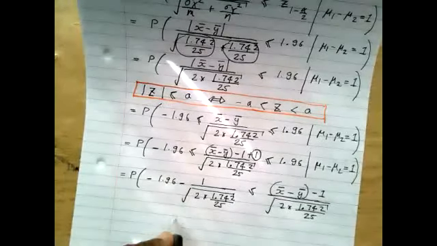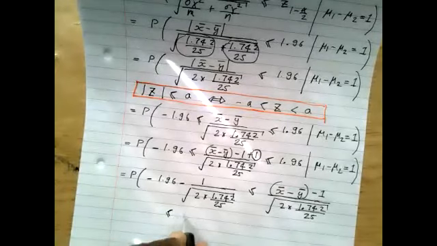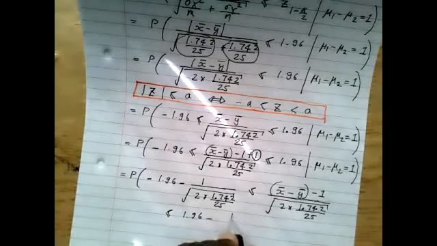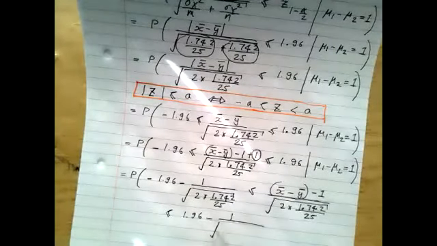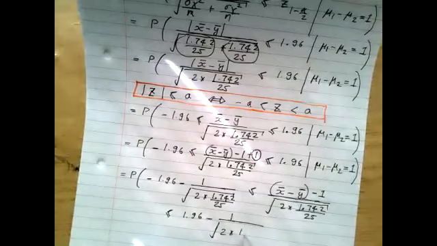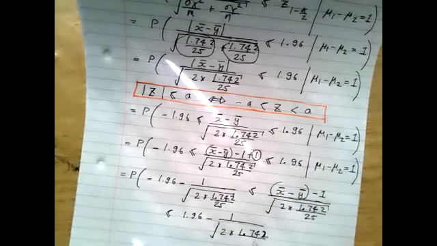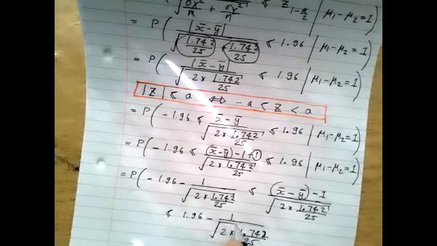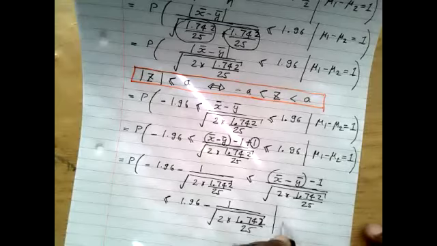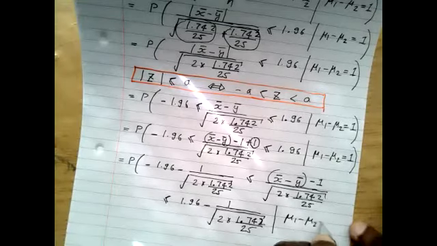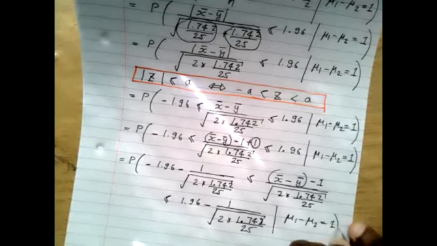And on the right-hand side, you will get this. Okay, conditional on the difference in the population means being equal to 1.